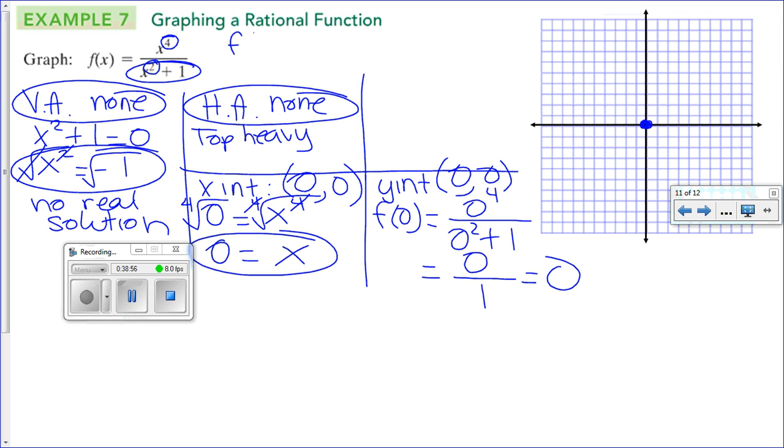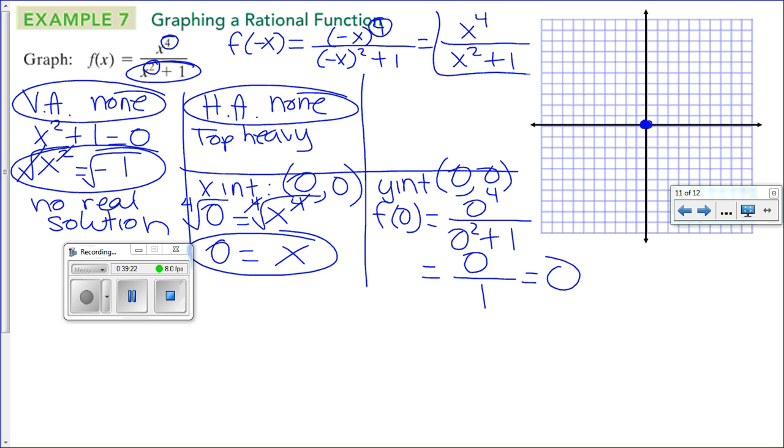To find symmetry, we find f of -x, so that will be (-x) to the 4th power over (-x) squared plus 1. We have an even power, so -x times -x times -x times -x is positive x to the 4th power. On the bottom, (-x) squared will be -x times -x, which is positive x squared, plus 1.